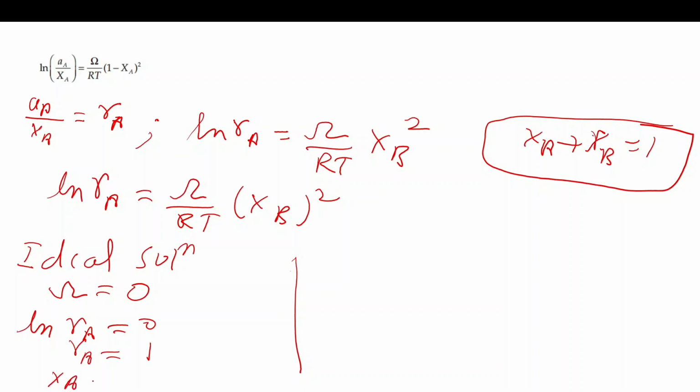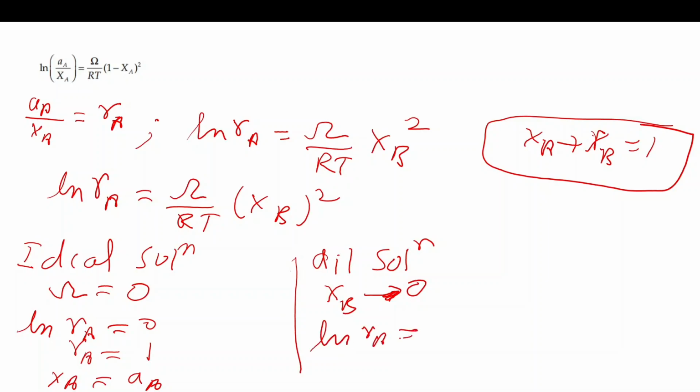That means XA should be equal to the activity of A. Similarly, for a dilute solution, we obtain the same result. For a dilute solution, we have XB tending to 0. If XB tends to 0, that means ln gamma equal to 0, which means gamma equal to 1, and that means XA equal to the activity of A.